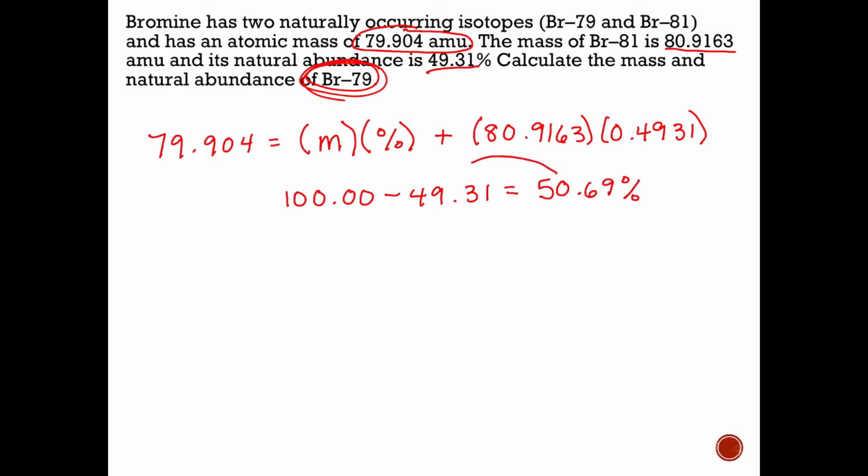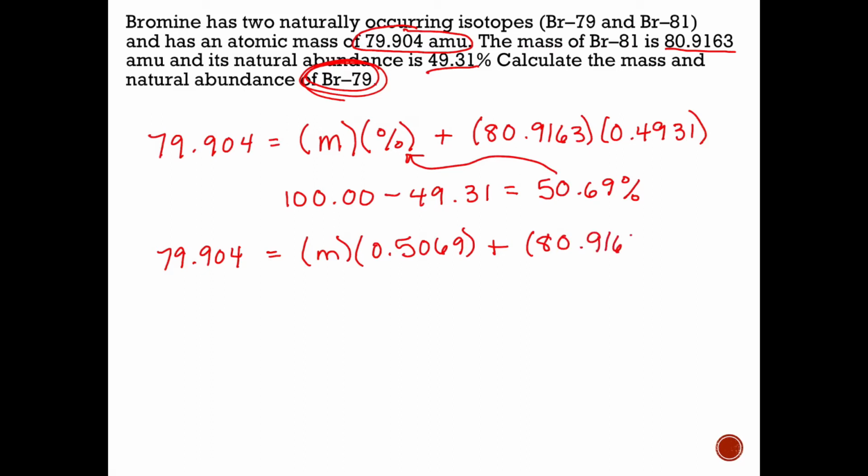So we can actually plug that in here, and we can solve for the mass of bromine 79. So we can go 79.904 is equal to, right, we don't know M, but now we know this, and I'll just carry the rest of it down from above.